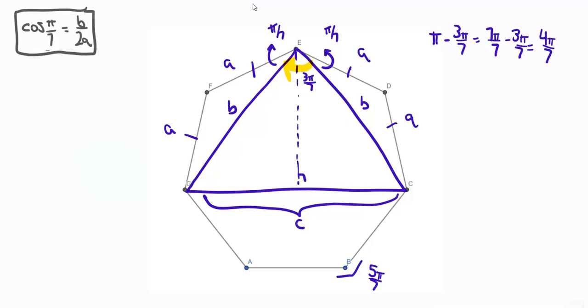But we have to cut that in half, so that's 2 pi over 7, which of course is 1/2 times 4 pi over 7. Show the cancellation. That's 2. So that's where that comes from. So the base angles of that isosceles triangle have measurement of 2 pi over 7.